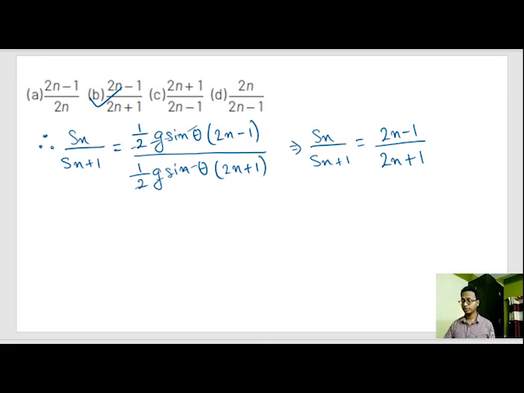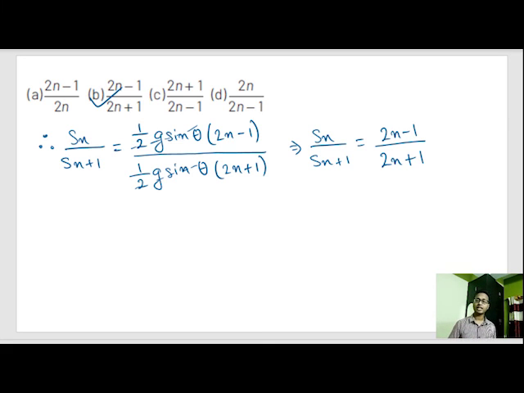Now one more thing to note here. In the examination hall, you won't be afforded so much time to do a lengthy derivation.